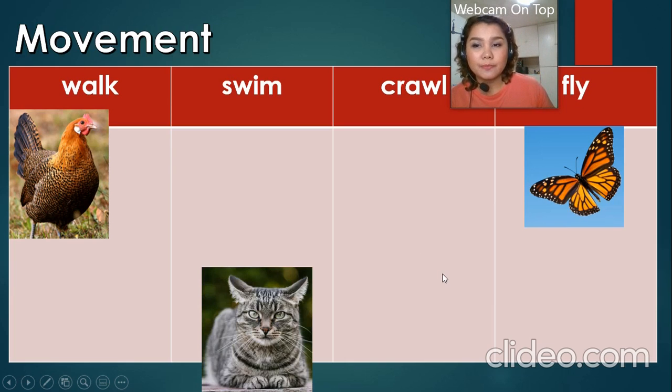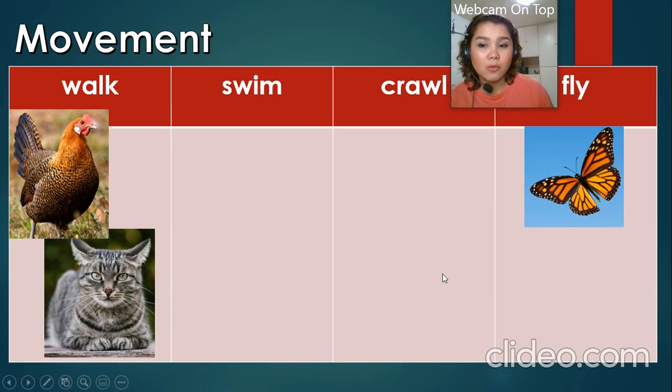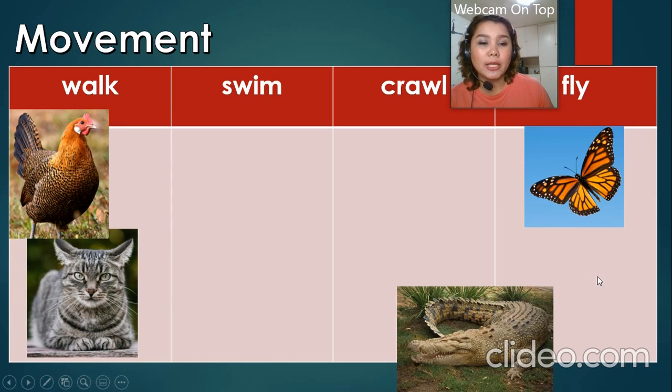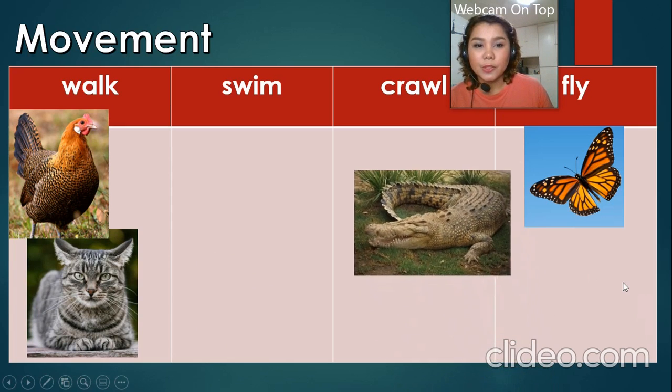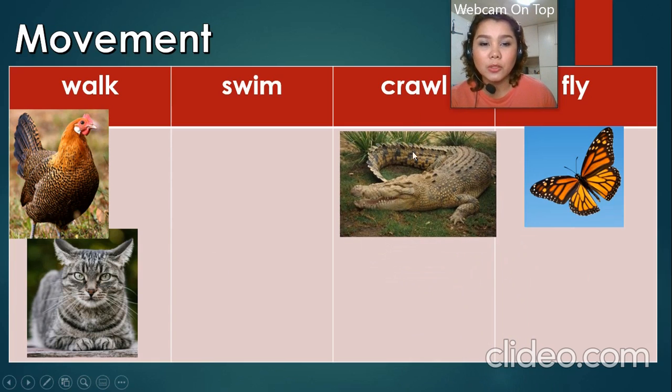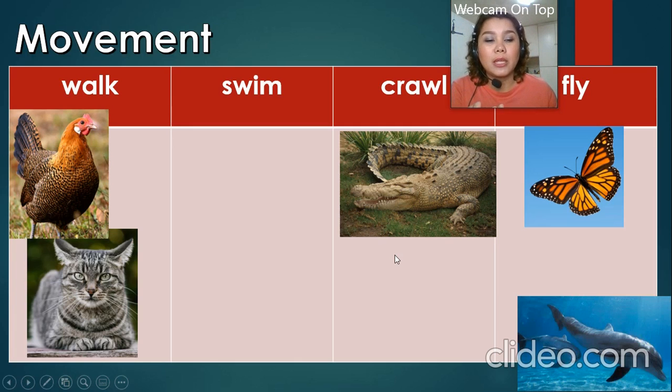Next one, cat. How does it move? It walks. And then crocodile. The better answer is crawl, because its movement is still walking, but the better term is crawl, because its torso is very close to the ground and it has shorter legs, so it's already crawling. Next one, dolphin. How does it move?